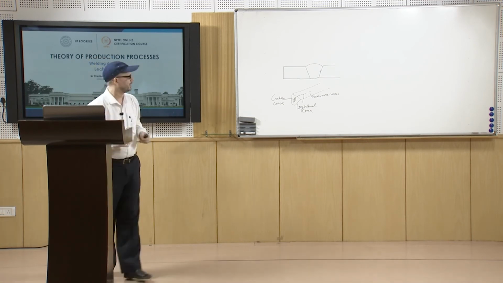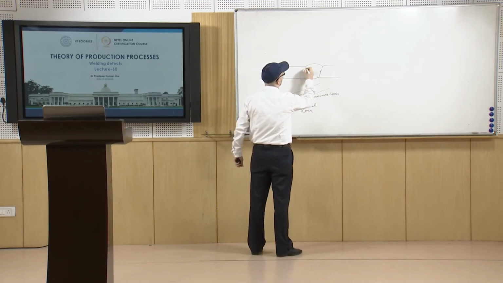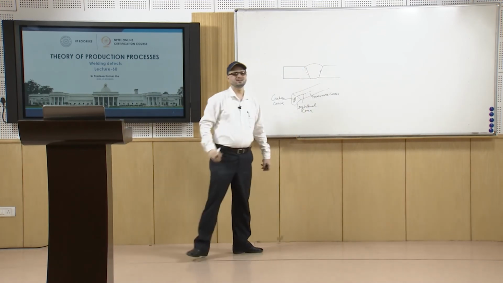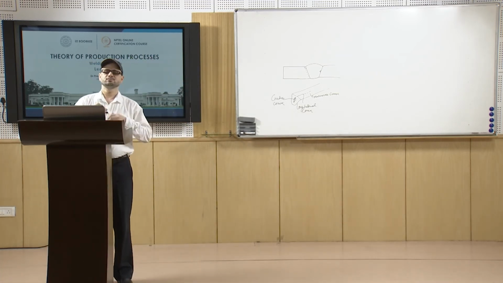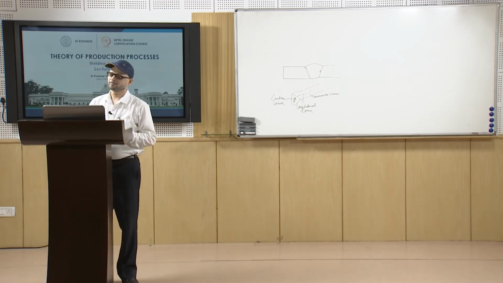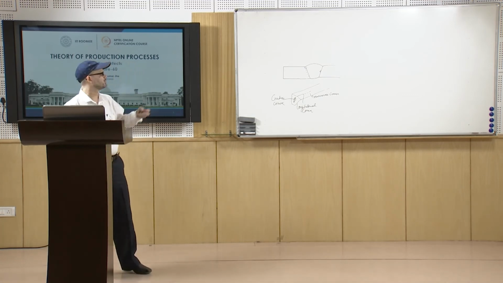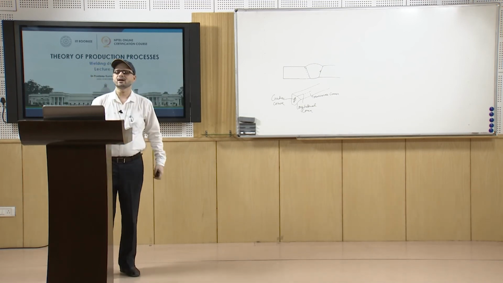So, like if you have this and here there is something, that is known as undercut in the case of this butt type of weld, and normally they are caused because of excessive current. So, that is your undercut.